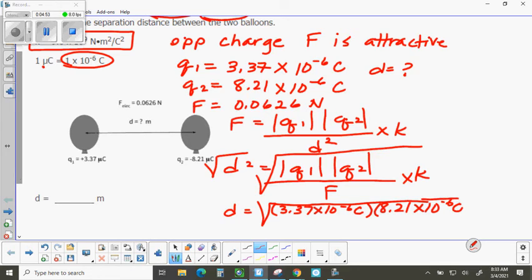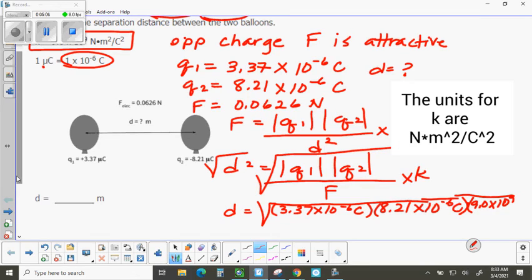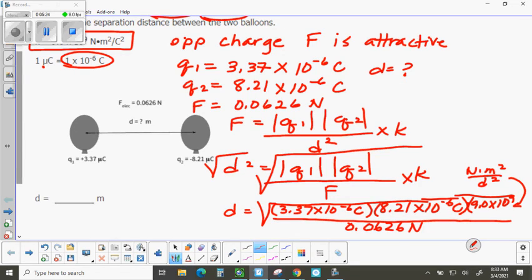Times 9.0 times 10 to the 9th. And then we've got the units are going to be newtons meters squared over coulombs squared. And then we'll divide that by the force, which is 0.0626 newtons.